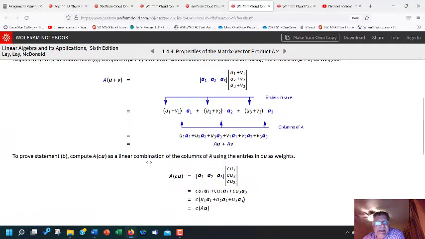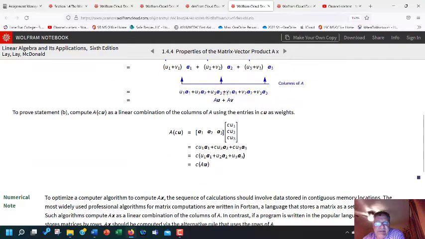You can see how if you do matrix A times U and matrix A times V, and you multiply it out, you can see that first of all you can do U plus V, and those are going to be actually in the matrix, and then you would do U plus V times the A1 like we did before, and then you can separate them as U1 A1, U2 A2, and then U3 A3, V1, V2, and V3.